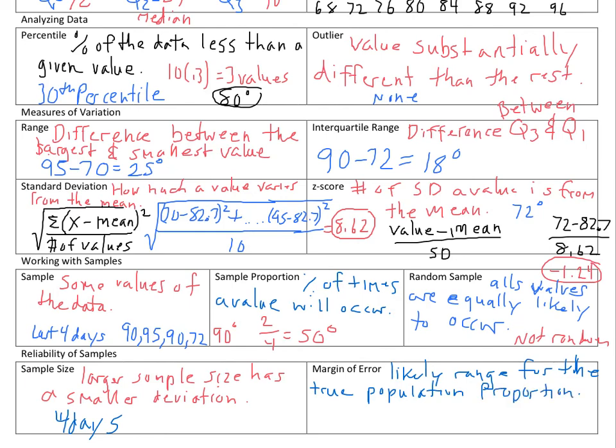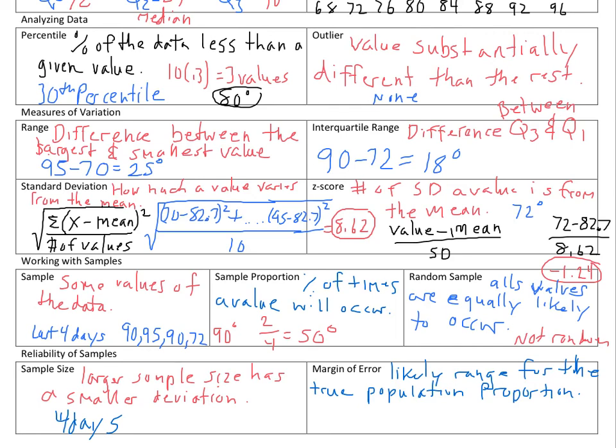Now this is a sample proportion, 50%. What would be the true population proportion? It's the likely range for the true population proportion. So margin of error is kind of how accurate your sample proportion is. Within what range is it going to occur?